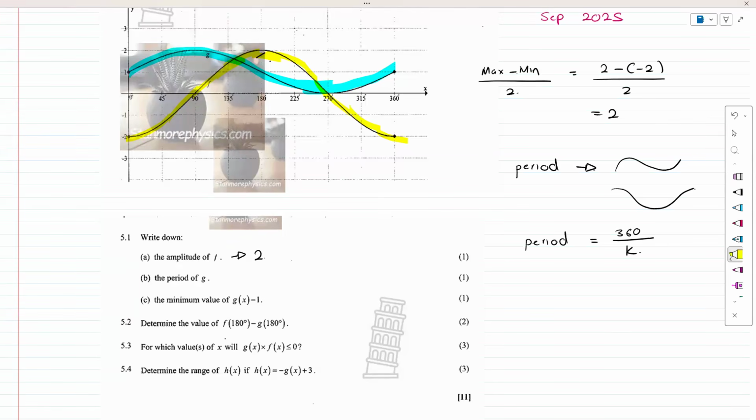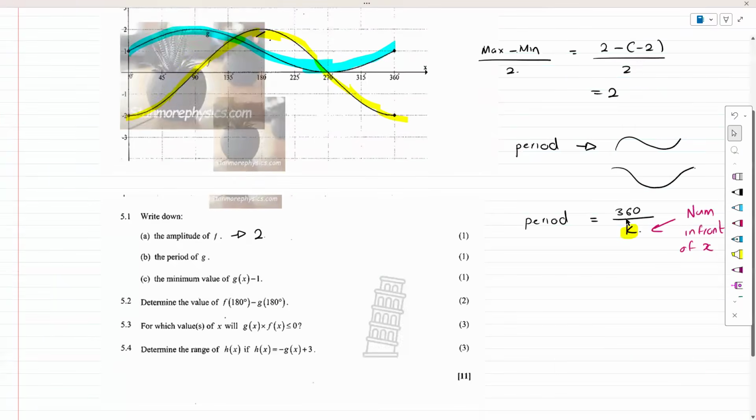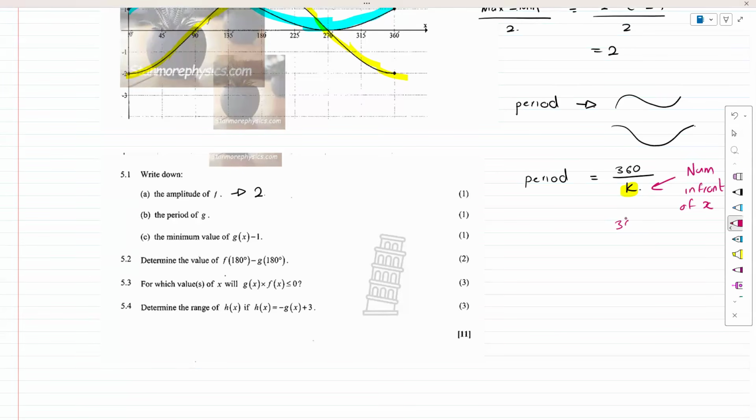Now this k value, it's just a letter. It doesn't matter what letter you use. But this is the number in front of x. So if we look at it, the number in front of x is 1. So 360 divided by 1 is 360. And that's all there is to this question, 360.